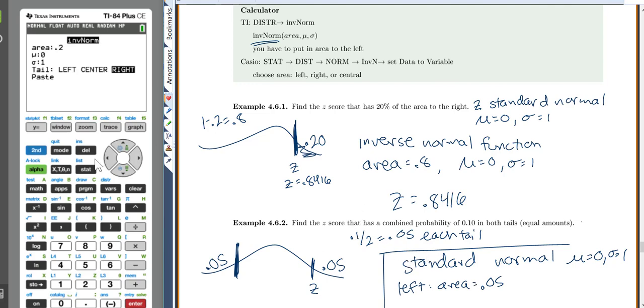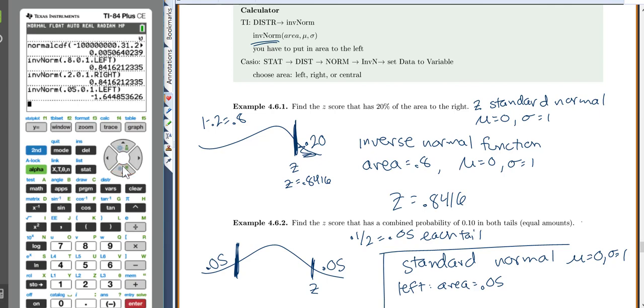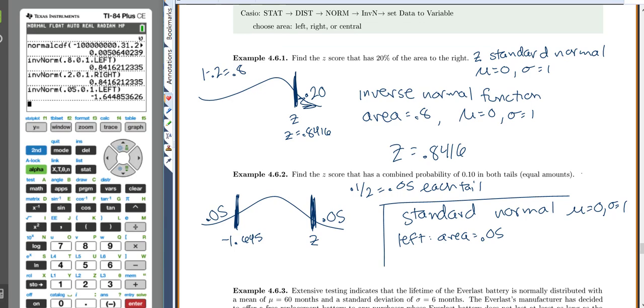So let's put in an area of 0.05 and do left. And it tells me this z value is negative 1.645. Okay. What if I wanted to look up this z value by saying there was 0.05 in the right?